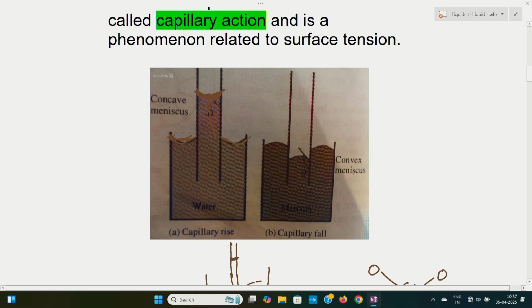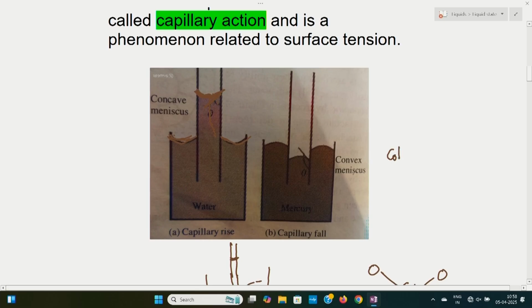I hope you understood. I will repeat once again. When mercury is in contact with the glass, the adhesive force between the mercury and glass is less than the cohesive force between mercury molecules.